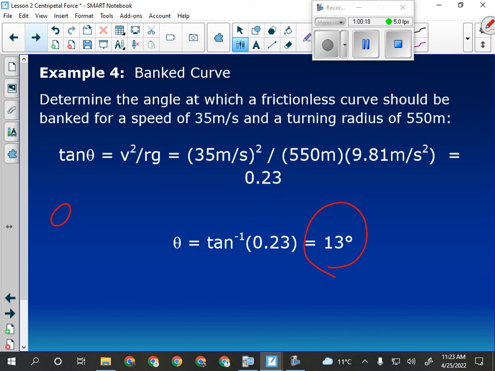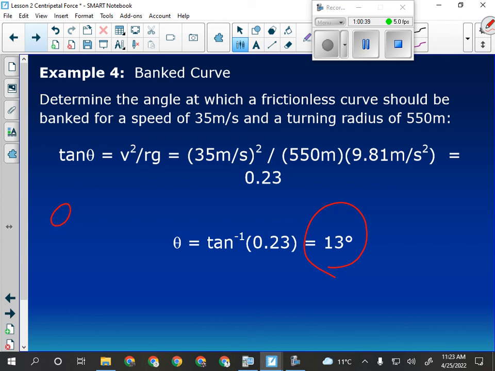A really steep hill could be 9%, so for every 100 meters forward, you're going 9 meters up. Mathematically, when you think about it in your head, that doesn't seem very steep. But if you were going up that hill on a bike, it would be really steep.